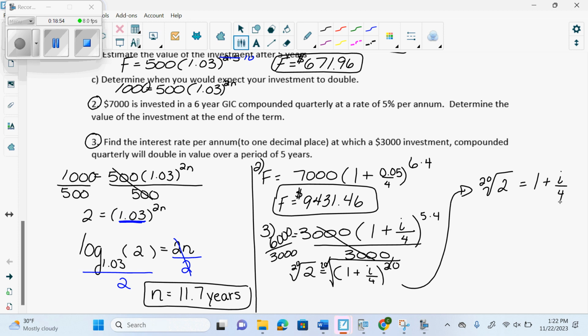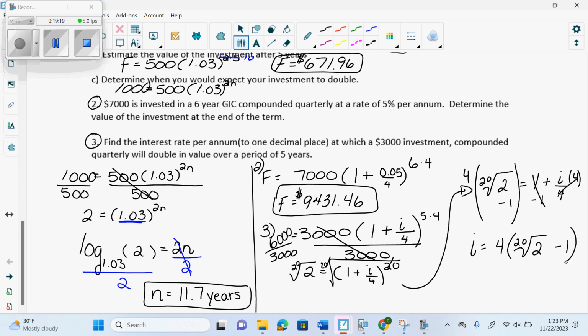What do I have to move next? Subtract 1 and then multiply by 4. So we're going to subtract 1, and then we're going to multiply the whole thing by 4. So we get i equals, technically if you want to see what it looks like, it's the 20th root of 2 minus 1.